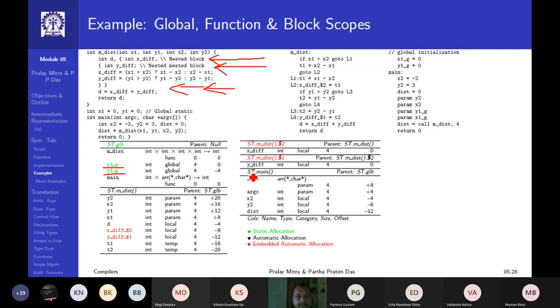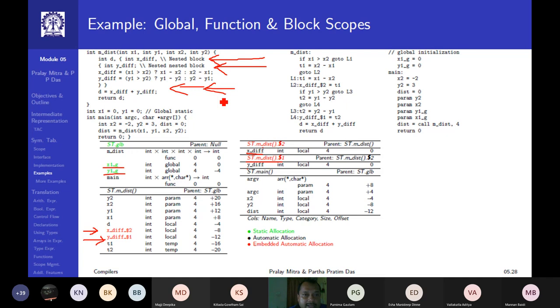Inside that one, I am declaring x diff and y diff. And who is the parent of this? st.mdist. Also, I am making this an embedded automatic allocation inside the mdist.